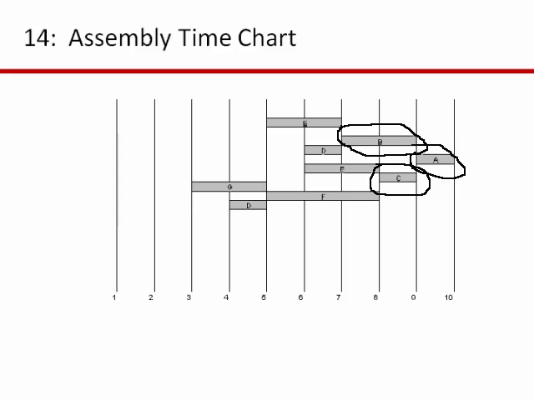Then B had 2 children, an E and a D, so those are shown there.